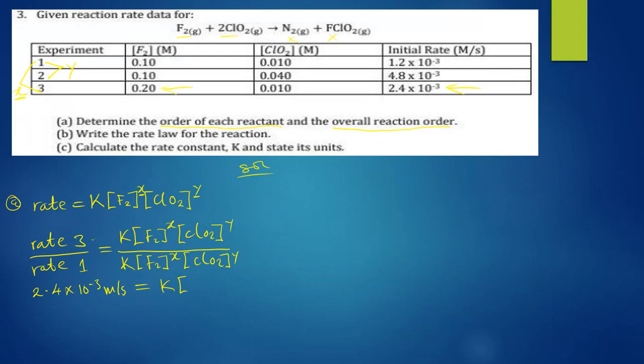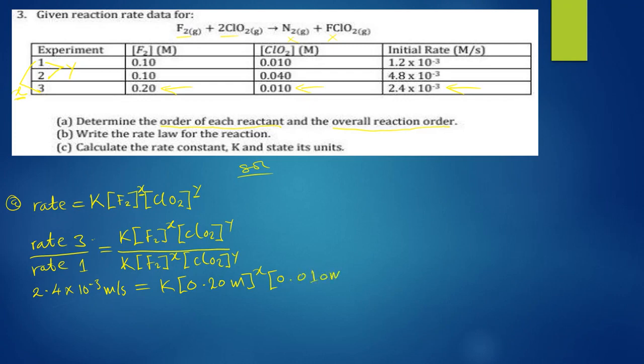That is 0.20, and then you need to raise it to X, that's the order. And then what's the concentration for chlorine dioxide on experiment 3? That is 0.010.